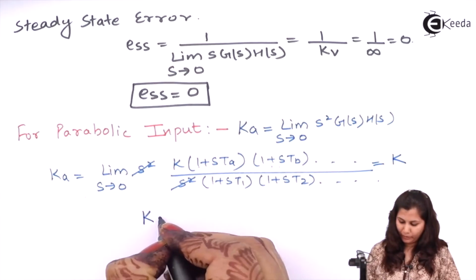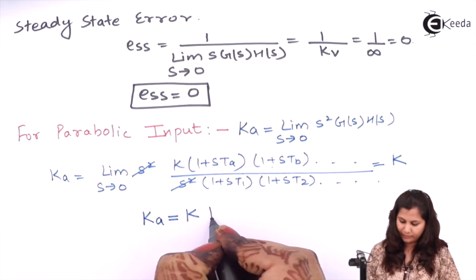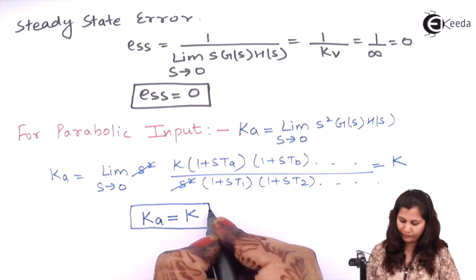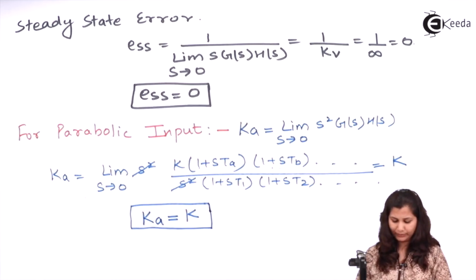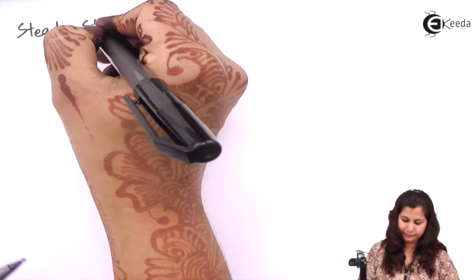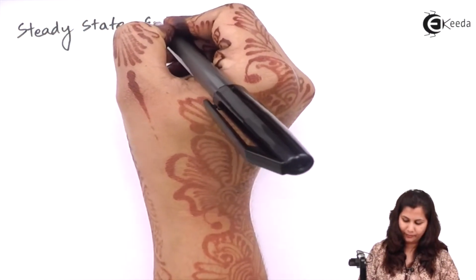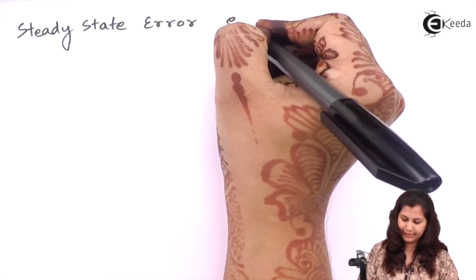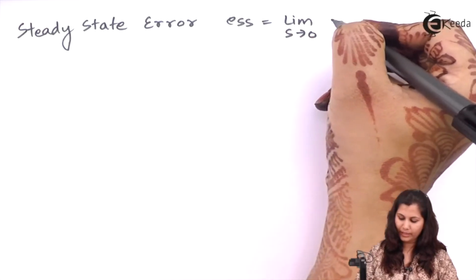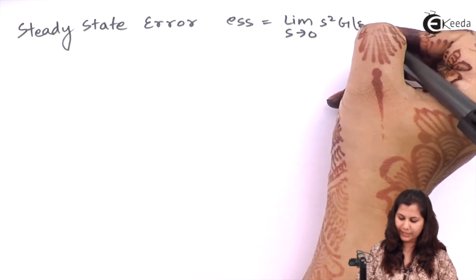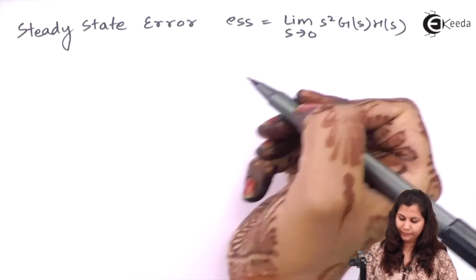So for parabolic input with a type 2 system, we have the acceleration coefficient as K. Now calculating the steady state error. ESS equals 1 upon limit s tends to 0 of s square G(s)H(s).